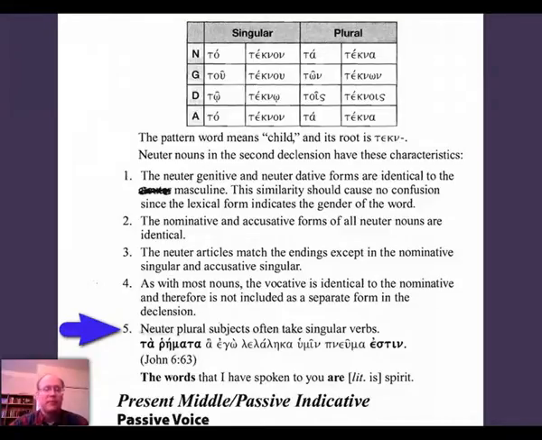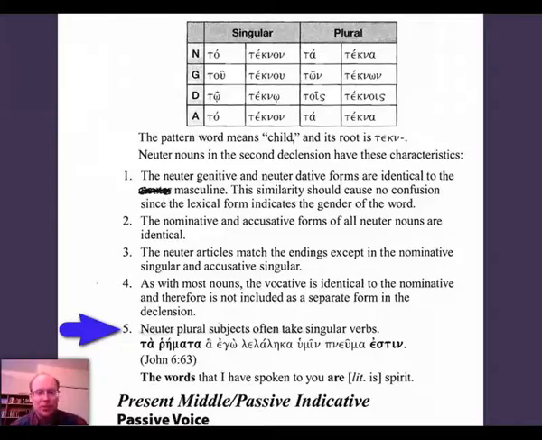From our standpoint, you've been learning these nouns, and at this point you're beginning to learn the endings, so that if you had to generate them, you can now say, okay, if I want to say the father of the child, I will say ho pater tou teknou, or the father of the children, ho pater ton teknon.